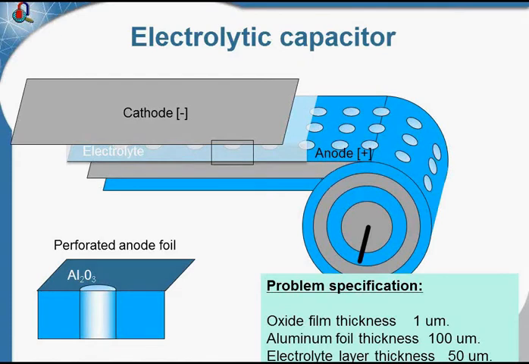It's often the case that the anode foil is perforated to increase the foil surface. We know that the capacitance depends on the surface area.